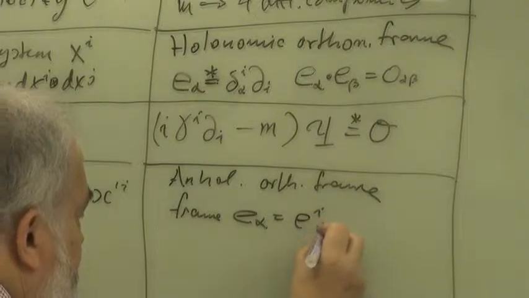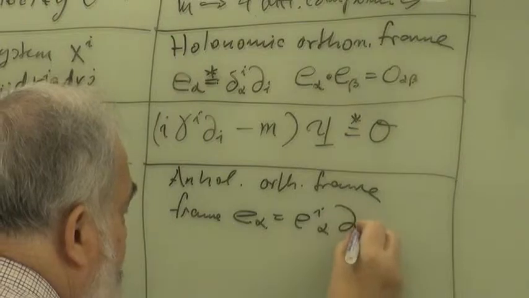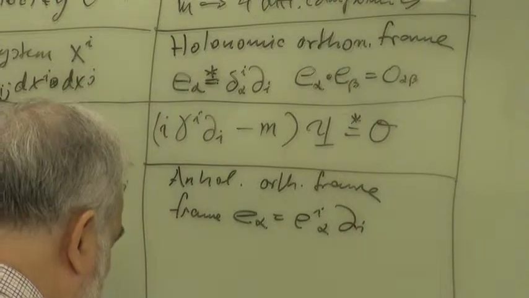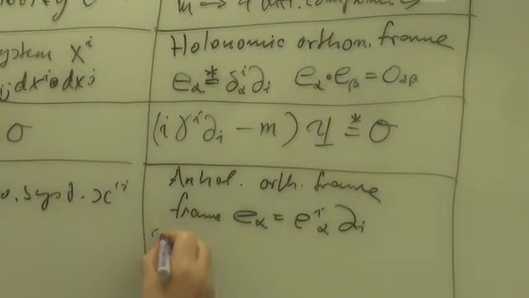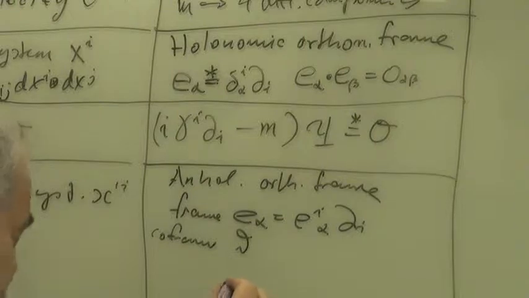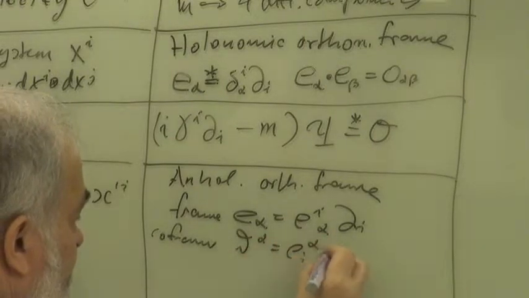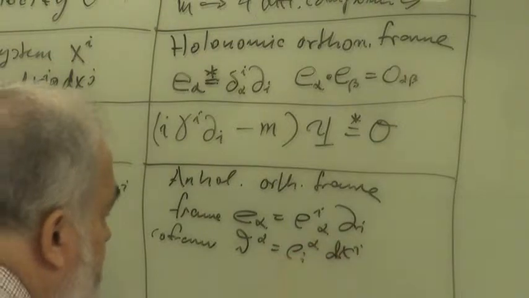And we write it down. The curvilinear coordinates we call x dash i, and the anholonomic frame is e_alpha equals e_alpha^i, these are the tetrad coefficients, times partial_i. Or I have a co-frame, which I denote by theta^alpha equals e_i^alpha dx^i.